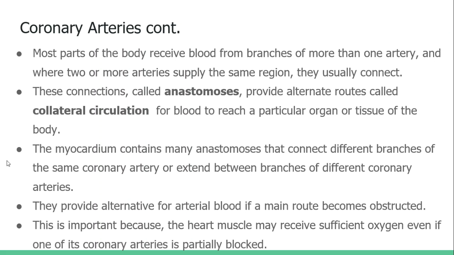The myocardium contains many anastomoses that connect different branches of the same coronary artery or extend between branches of different coronary arteries. They provide an alternative for arterial blood if a main route becomes obstructed. This is important because the heart muscle may receive sufficient oxygen even if one of its coronary arteries is partially blocked.